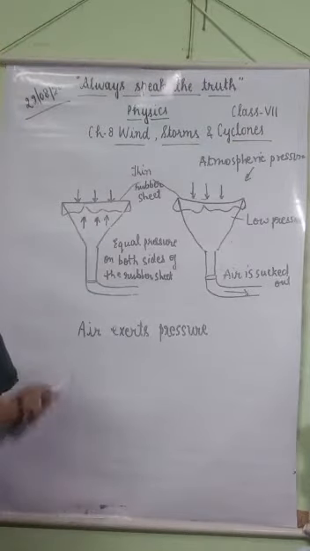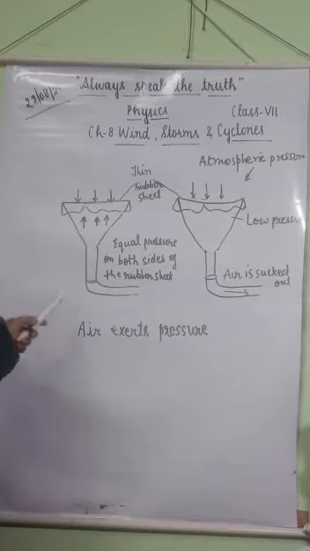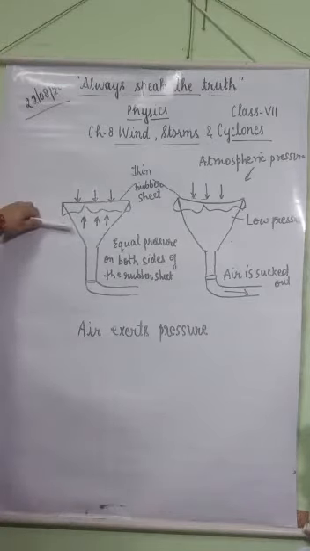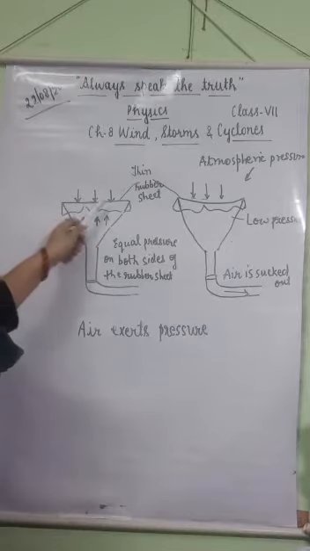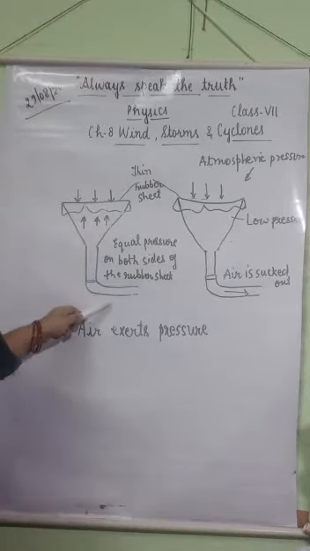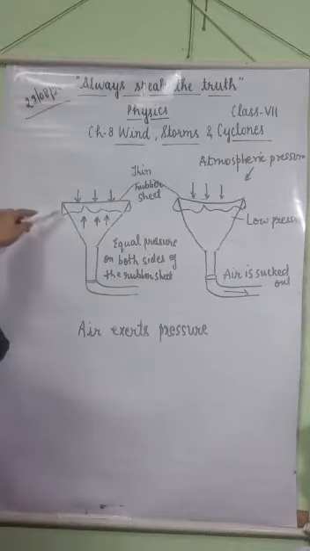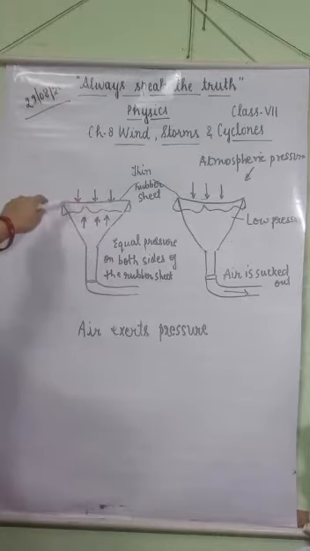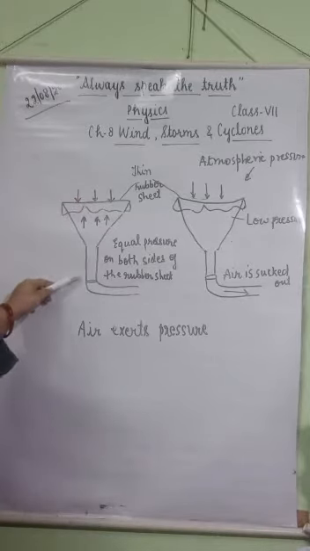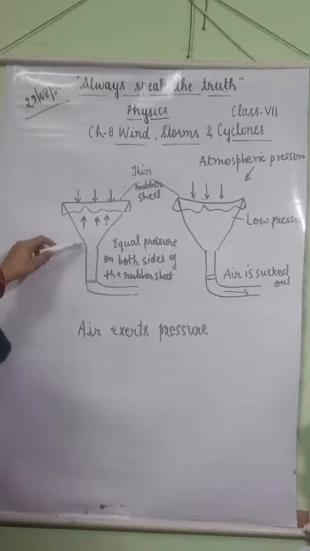We can see that air exerts pressure through an activity. For this activity we require a funnel, a rubber sheet and a rubber tube. Tie the rubber sheet over the mouth of the funnel and connect one end of the rubber tube to the end of the tube of the funnel.